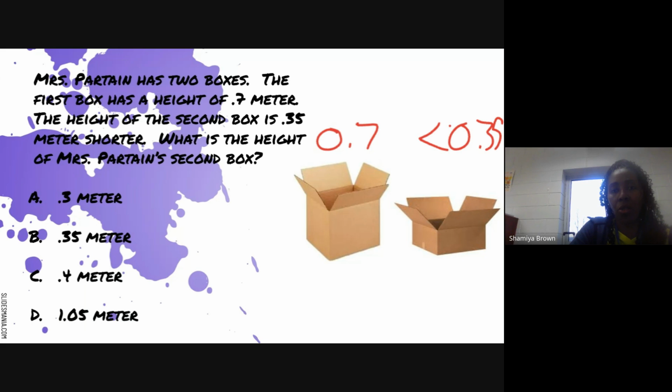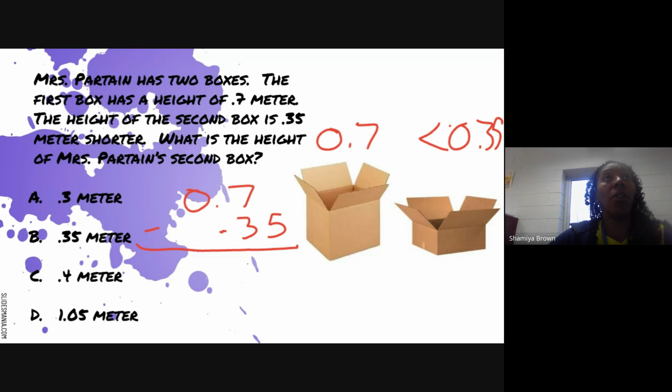Then I need to subtract. So it's going to be 7/10 minus 35 hundredths. So notice, good morning, that I have to set it up with my decimals lined up.